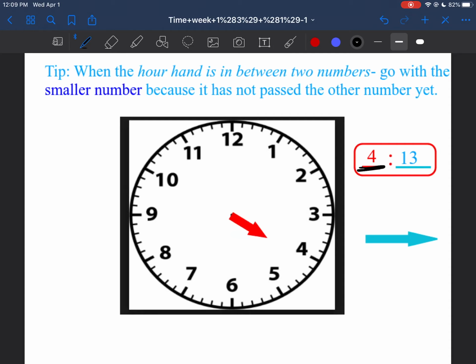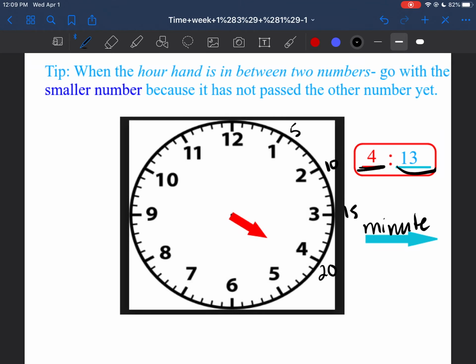The minute hand is the long hand. We're representing 13 minutes on our clock. I'm going to label my benchmark numbers first, 5, 10, 15, 20, and I'm going to pause there. It is 4:13, so I want to draw my minute hand to reach 13 minutes.